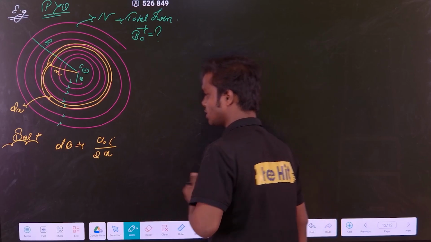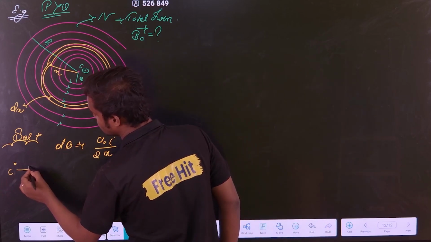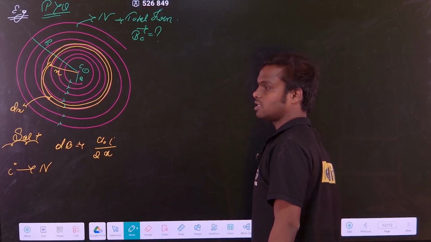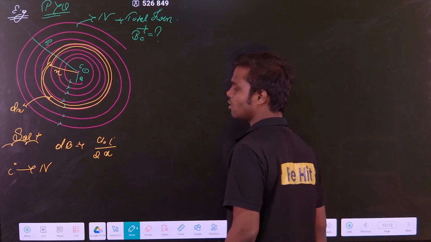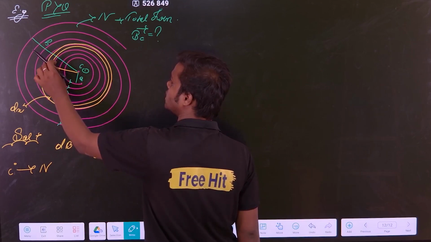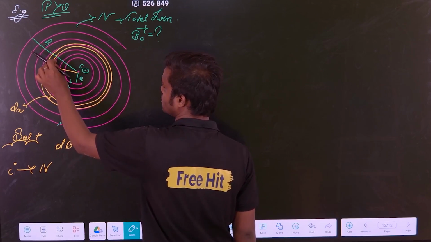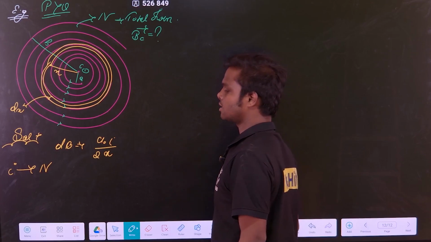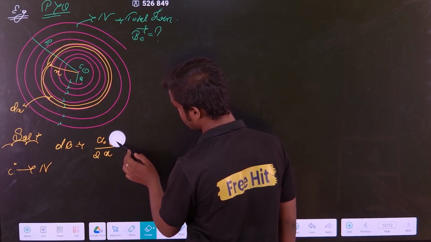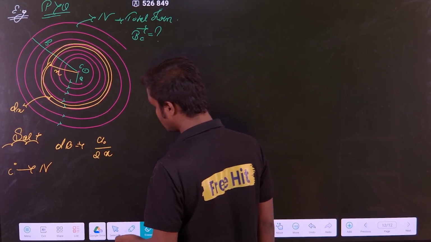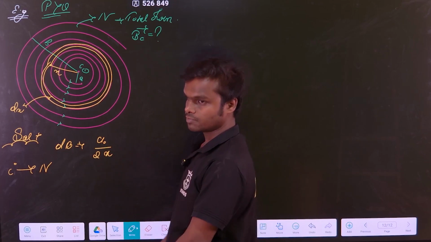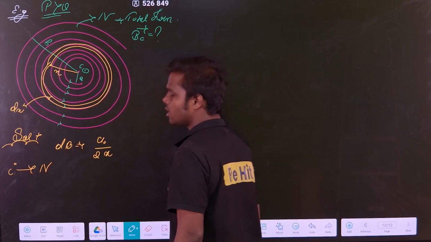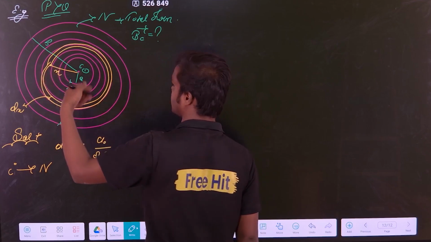It means I is the current present in n turns. But now I have to calculate the current in this small element. How many turns are there, and what is the current in them? For that, it is obviously not I. I current is present in n turns. If I know how many turns are there, can I calculate the current?